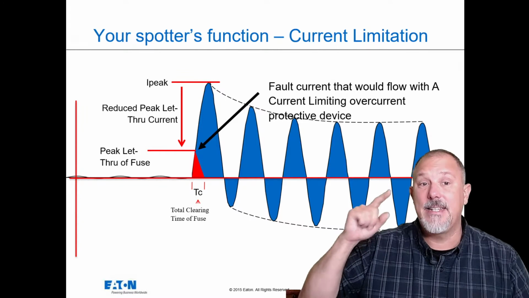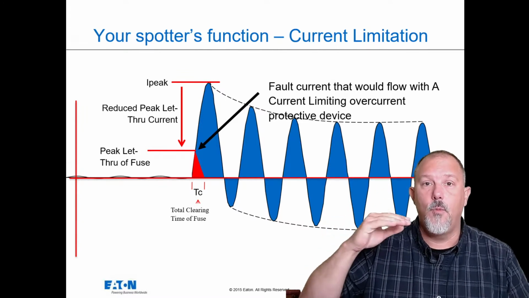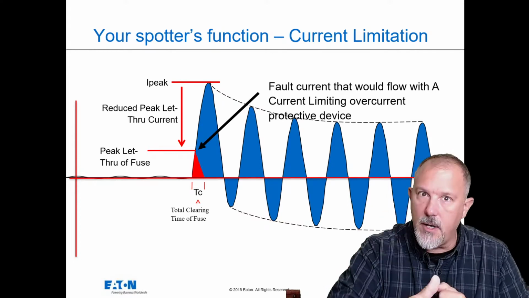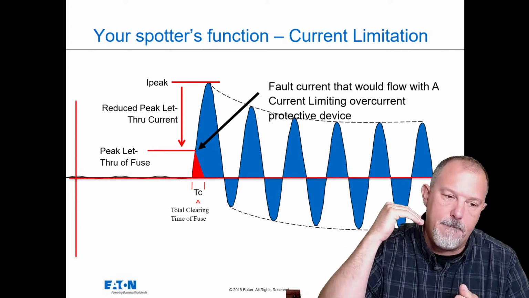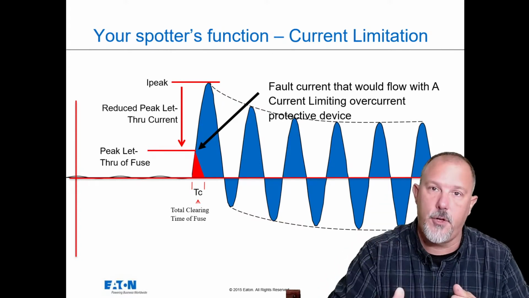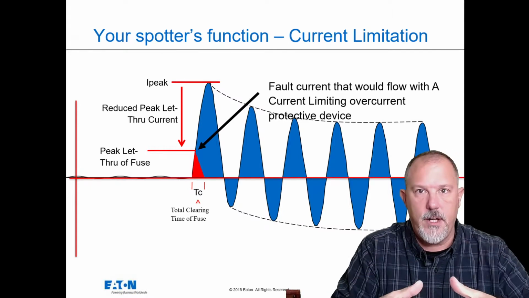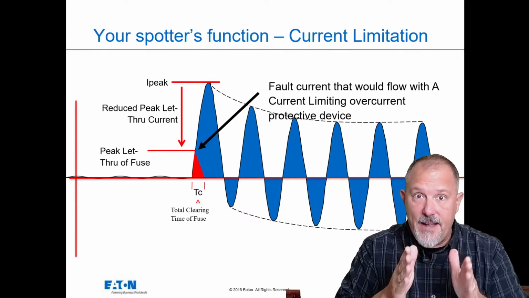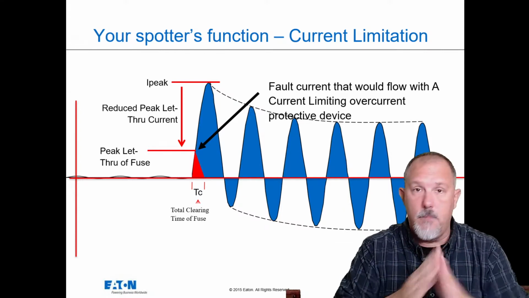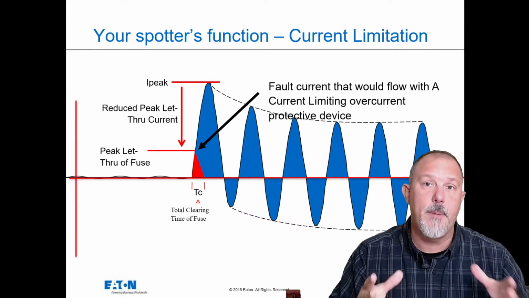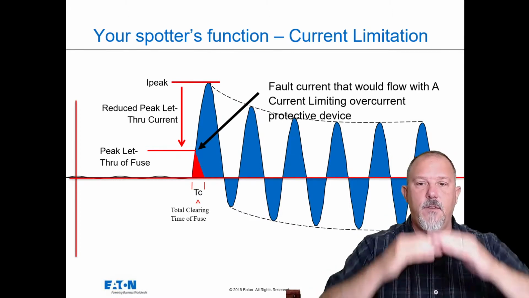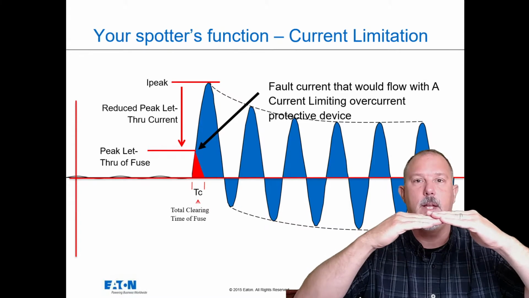So in this example, to understand what a current limiting device or a circuit breaker or fuse does for you to relieve the pressure in a power distribution system, we take a look at the peak value. That first half cycle during a short is the most damaging in a power distribution system. Think about it from the perspective of a waveform that looks like this, right?